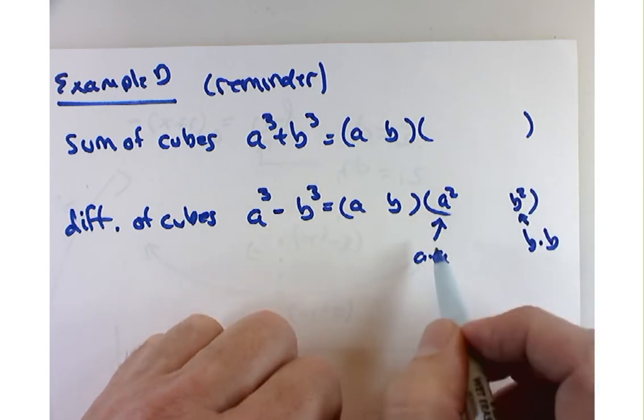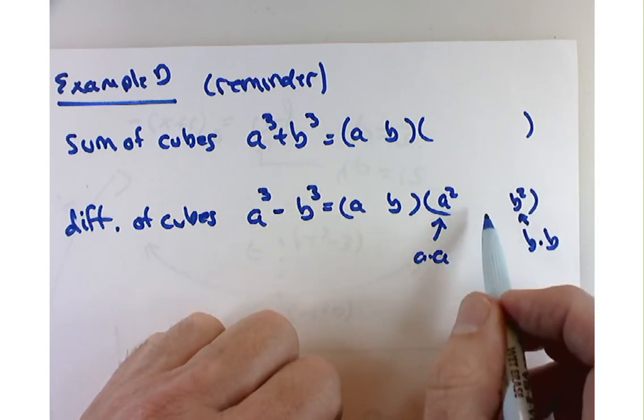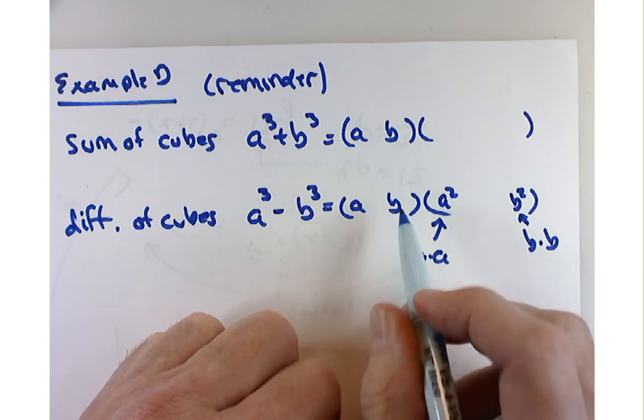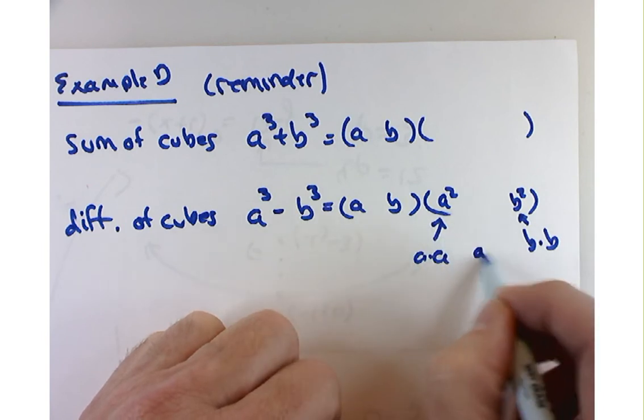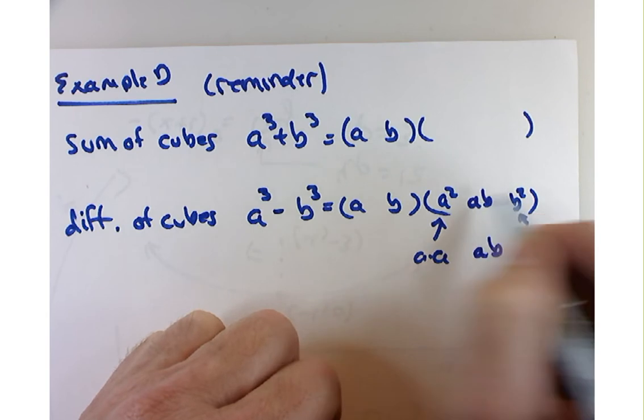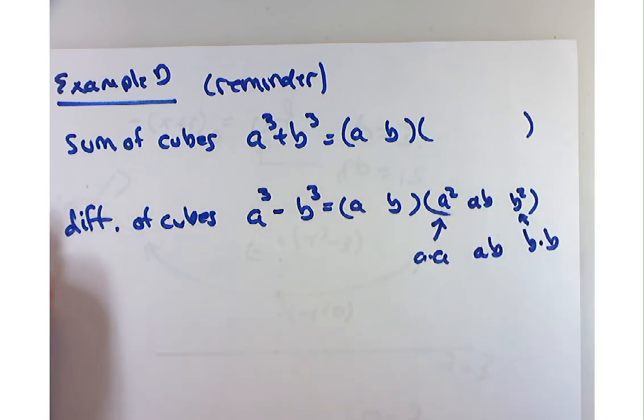And then because I know I need one more term, and I've already done a times itself and b times itself, I'll take a times b. And that gives me another term.